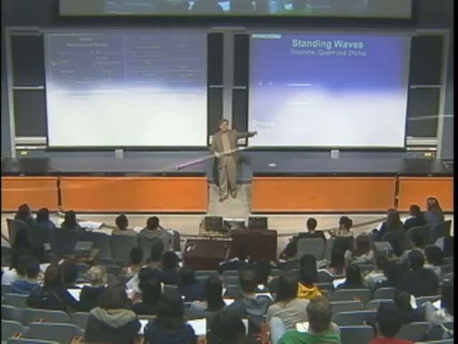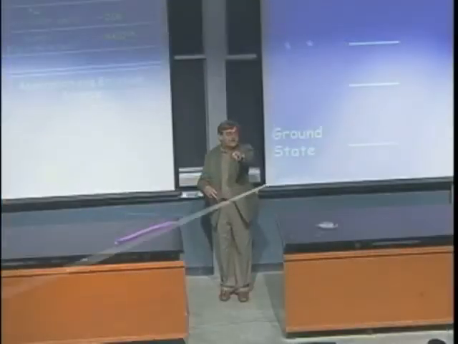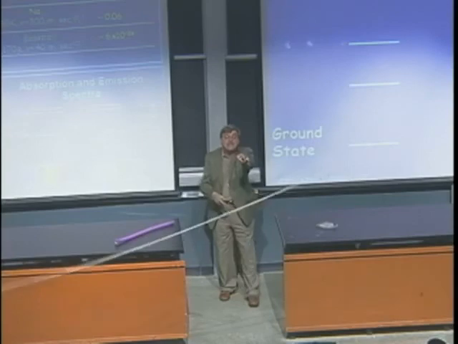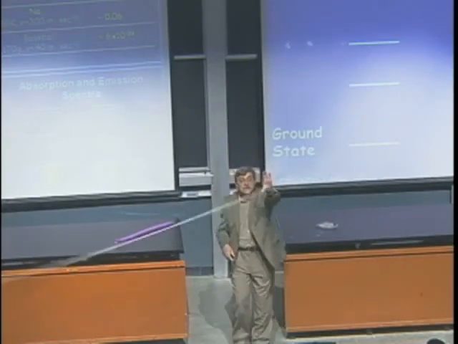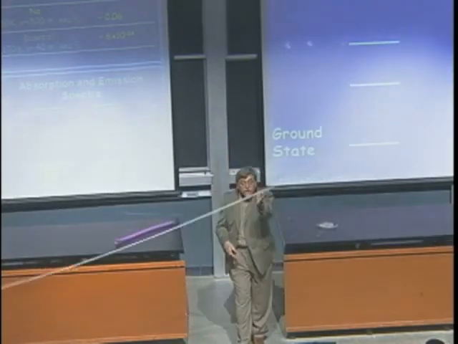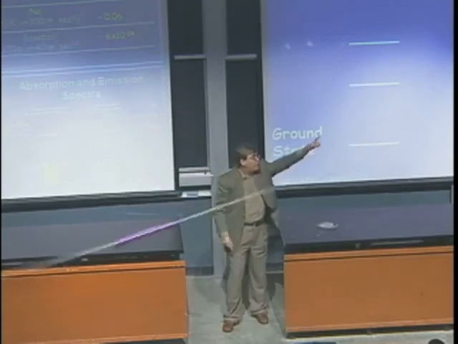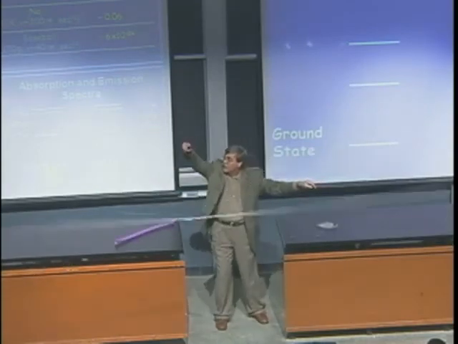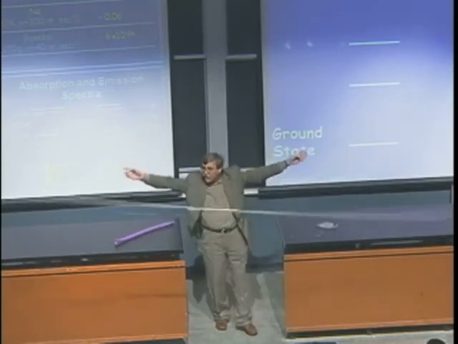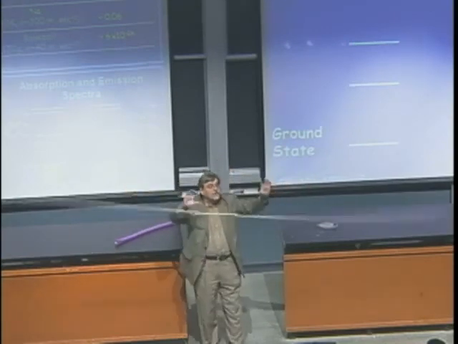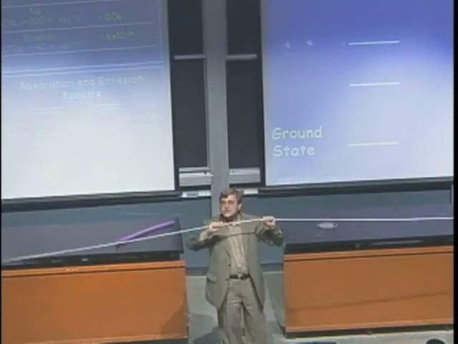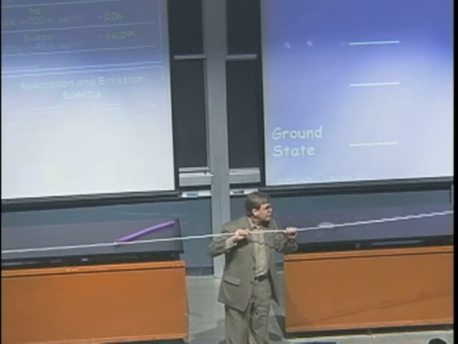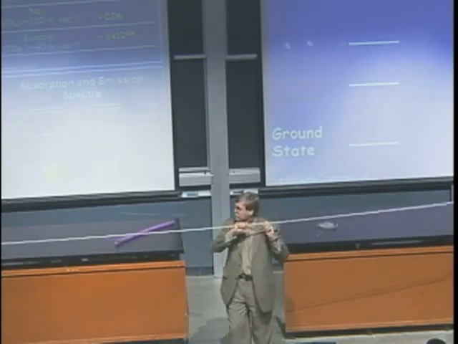So do we have a full wavelength now? There's a node here. It goes through zero right here. There's one lobe and there's another lobe. When this is up, this is down, and vice versa. One full wavelength. So did Karen use more energy? Obviously. That must be a higher energy state.